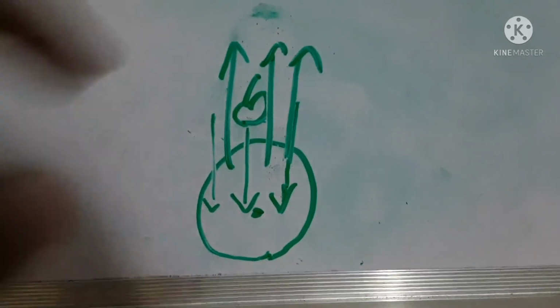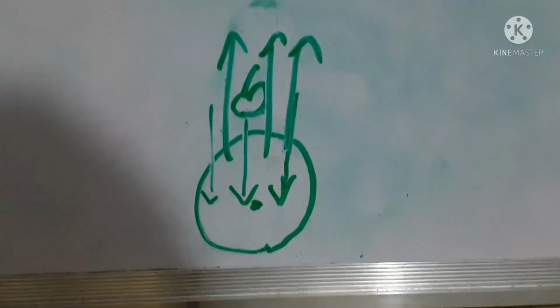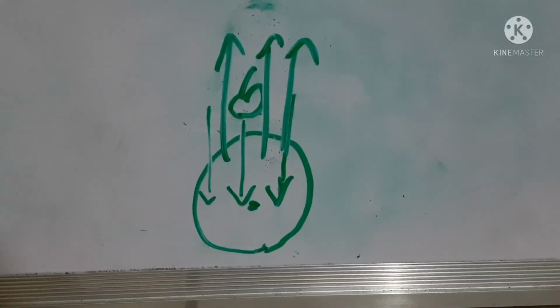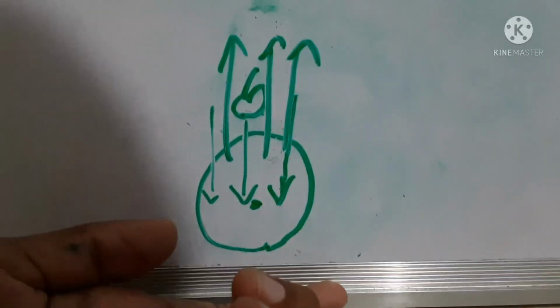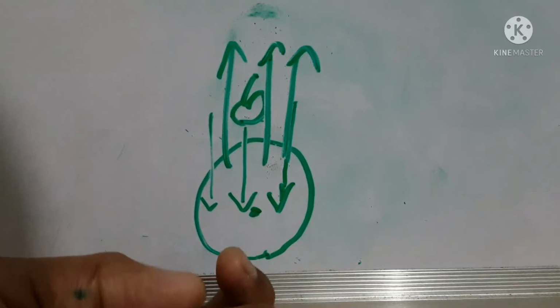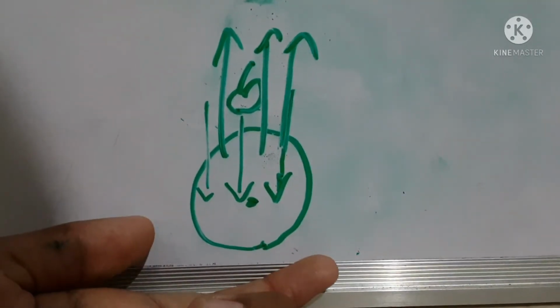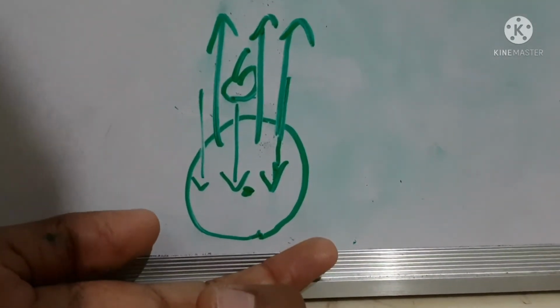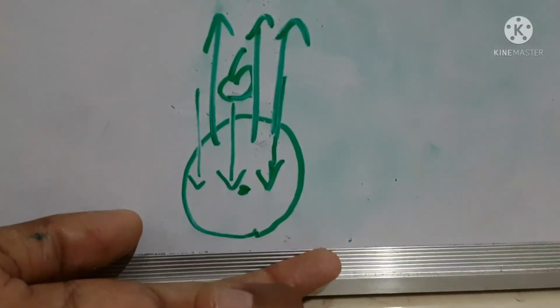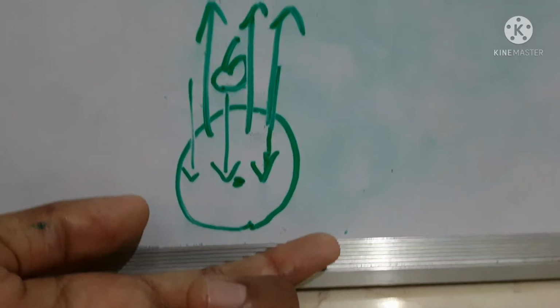So when the apple pulls the earth with the same force because of Newton's third law, the earth, as it has a large mass, would not go towards the apple, because the earth does not want to move. It does not want to accelerate. Because it has a lot of mass and thus more inertia, it does not want to accelerate.